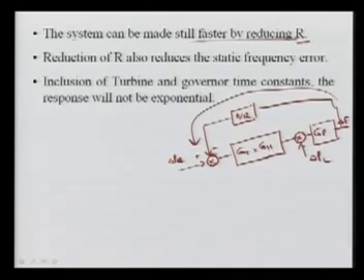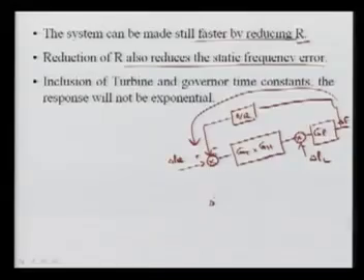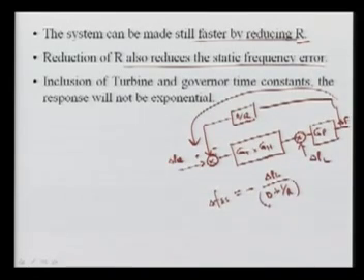And also the advantage of this, the reduction of R also reduces the static frequency error. If you remember this formula, the static frequency error is nothing but change in PL, or you can say X, divided by D plus 1 by R. So if you are reducing R, this term becomes larger, giving a larger value of the denominator, and a larger denominator means a smaller value of the steady state frequency error.